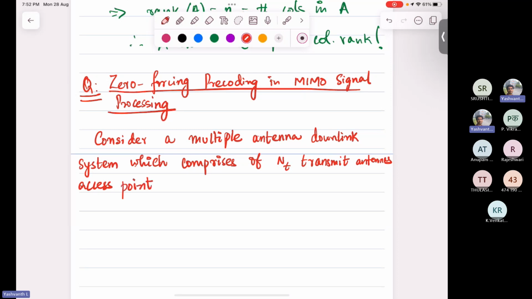It's also called the base station in engineering terminology.